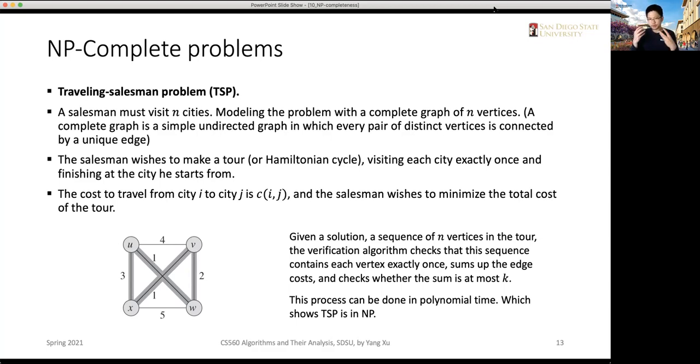So in order to verify it, we just need to go through that sequence and sum up the edges, and check whether the sum is at most some value as we determined. So given a solution, it's quite easy to verify, but the problem itself is very hard to solve. And people have already proven that it is an NP-complete problem.